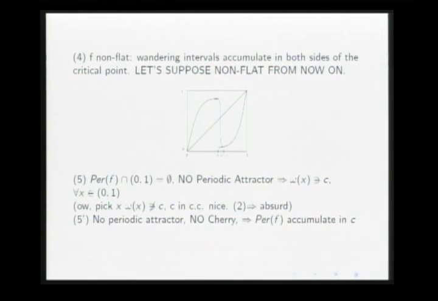So with this kind of ingredient, we will begin to play with the structure of the map, and a relevant statement is that if in the whole interval you do not have any periodic point inside it, and you do not have any periodic attractor, which should be at the border 0 or 1, then for any given point, the omega set has to contain C. Otherwise, if you take any point in the interval and iterate a lot, and the omega set of it does not approach C, then you have a connected component containing C that should be a nice interval.